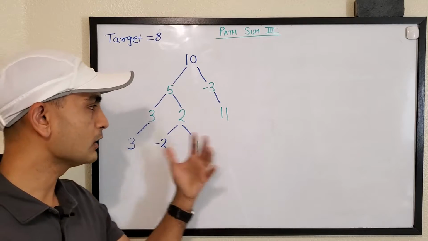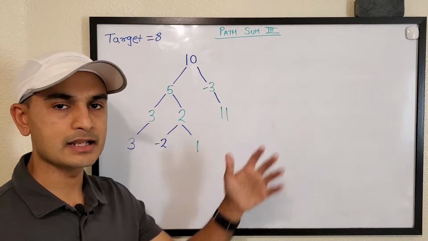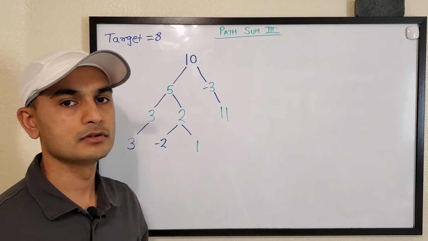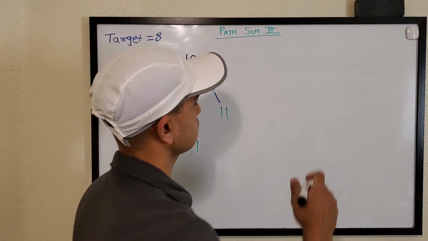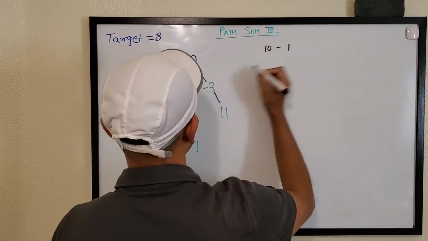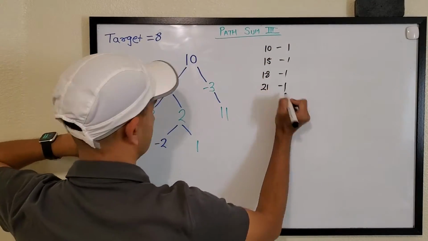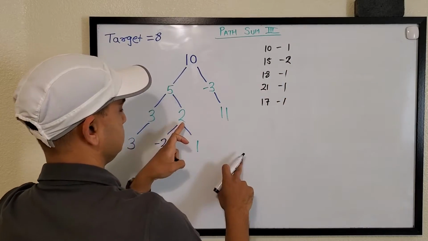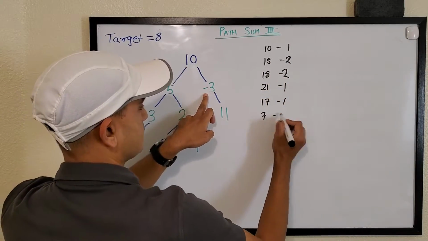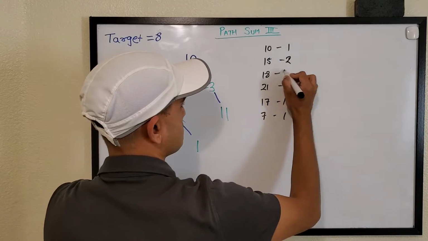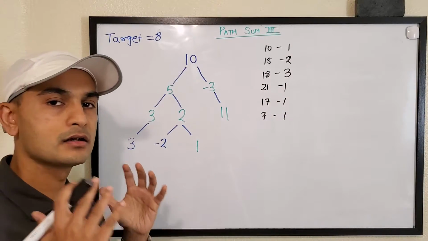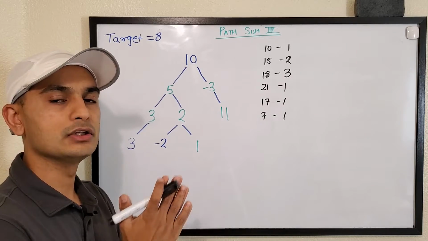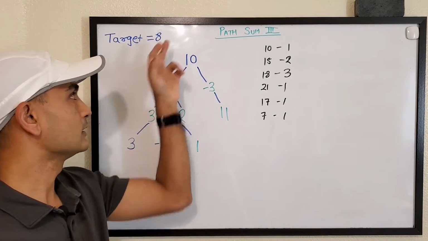So without talking much, let's first create that hash map and see how it looks for the sample tree. This is the crux of this approach that will help us find the path whose sum is that target.